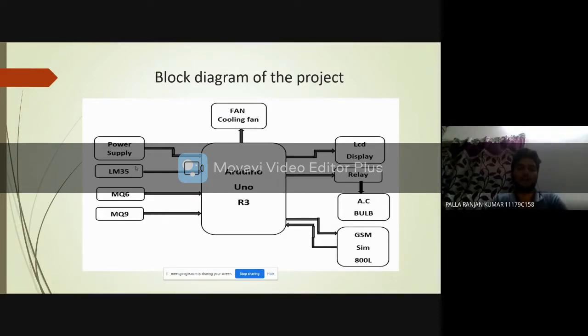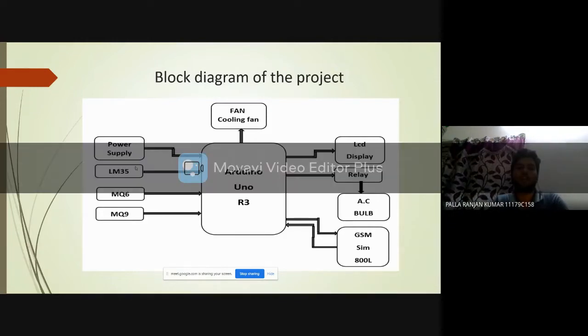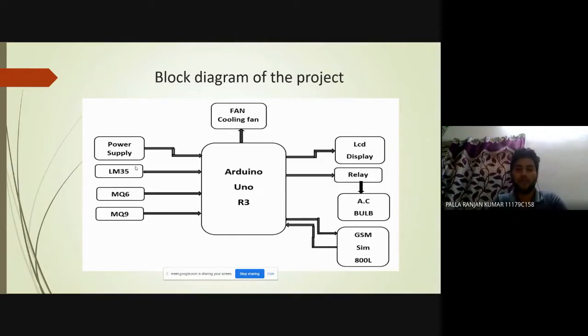Here the sensors detect the input data from the atmosphere, and the Arduino converts it from analog format to digital format. The Arduino controls both the fan speed and the bulb brightness. The relay circuitry for the AC bulb is to limit the current coming from the input.